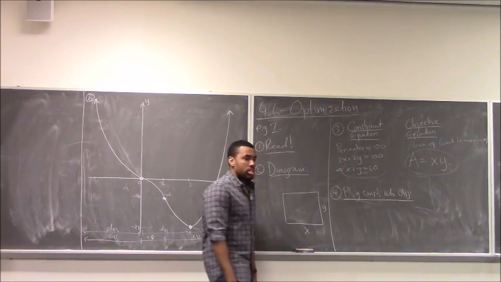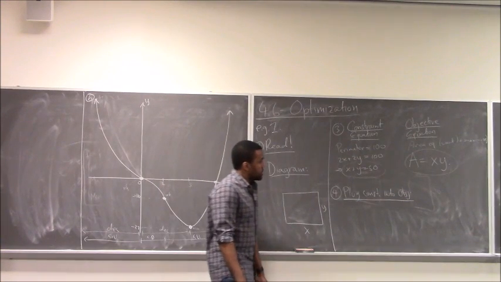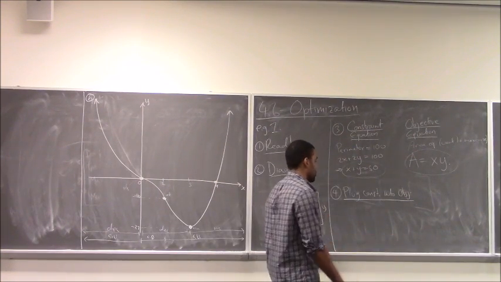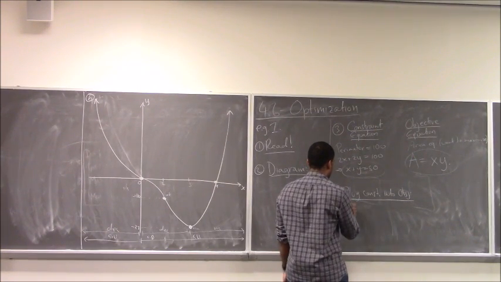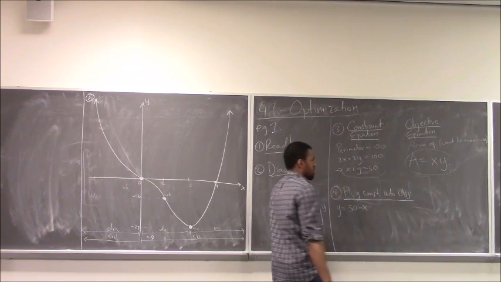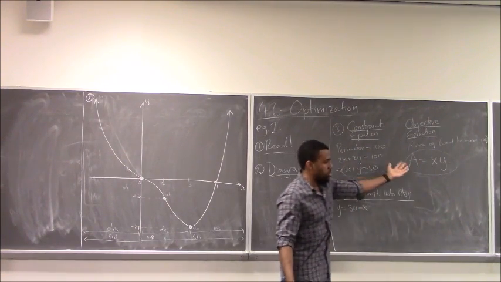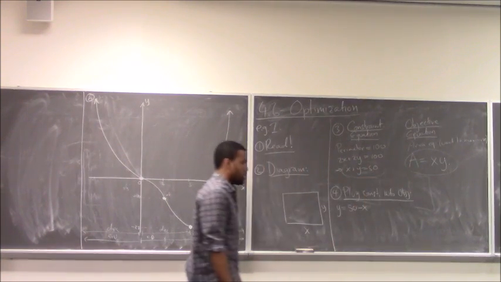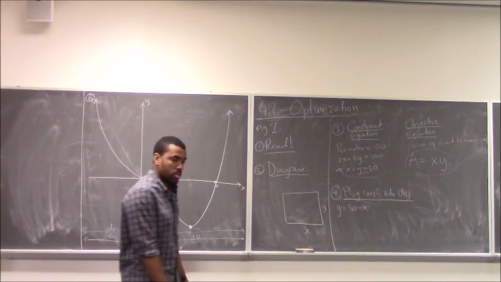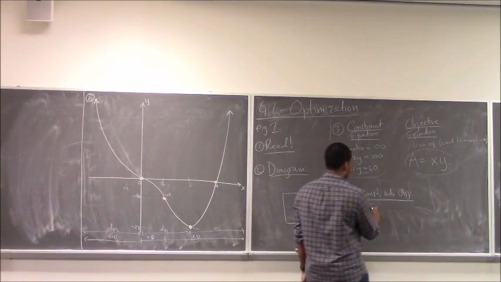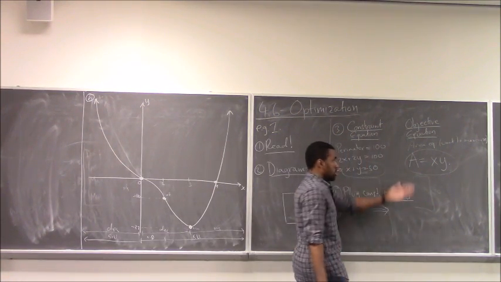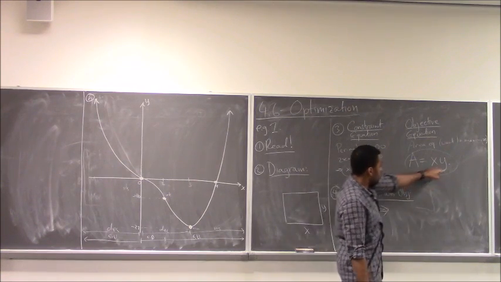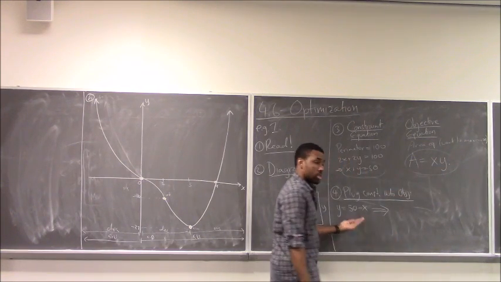And in general you can solve for any variable you like. So just by random choice I'm going to solve for the y, because everything seems pretty symmetric here. There seems to be no benefit in solving for one as opposed to the other. So I solve for the y. What that means is I'm going to plug that into the area equation. So this y I'm going to replace with this.